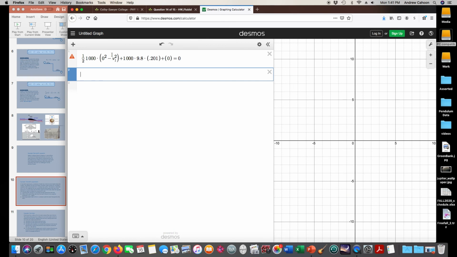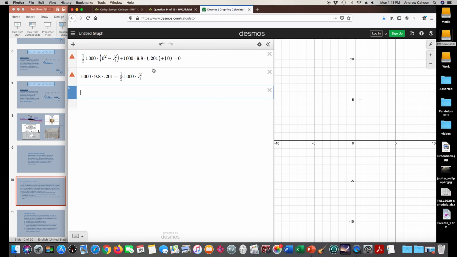V1 is going to be negative, so let's bring this to the other side. And so on one side we'll have 1,000 times 9.8 times 0.201. So that's the potential energy. I'm leaving it as is. And that's going to equal 1/2 times 1000 times V1 squared, like this.